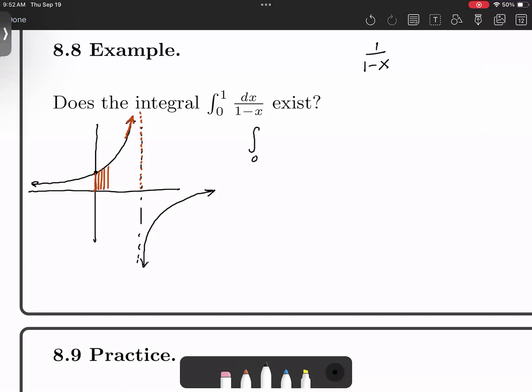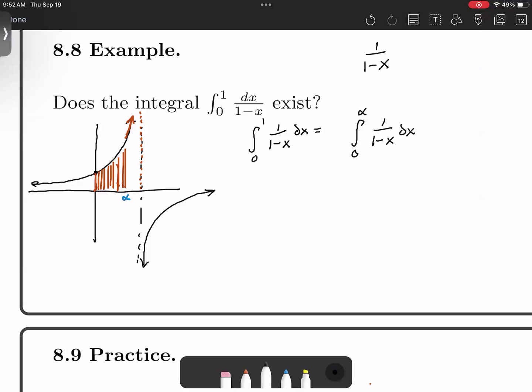So let's evaluate the integral from 0 to 1 of 1 divided by 1 minus x. We will approximate the integral by integrating from 0 to alpha. So let's put alpha somewhere on the left-hand side of 1, and we'll integrate up to alpha the function 1 over 1 minus x.